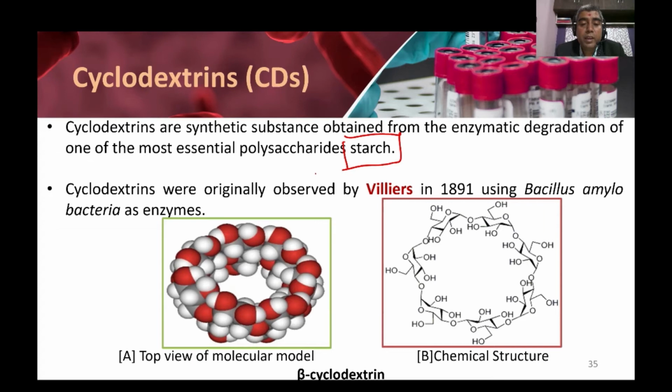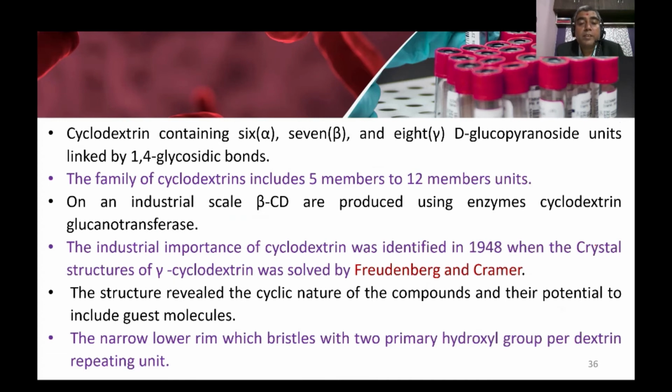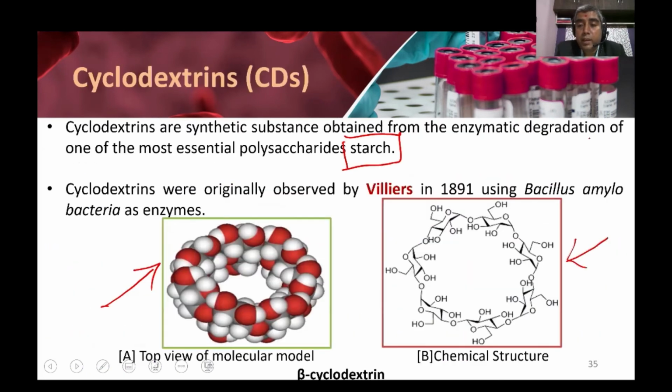Figure A on the left hand side is the molecular model of beta cyclodextrin, and on the right hand side is the chemical structure of beta cyclodextrin. This is a glucopyranoside unit.